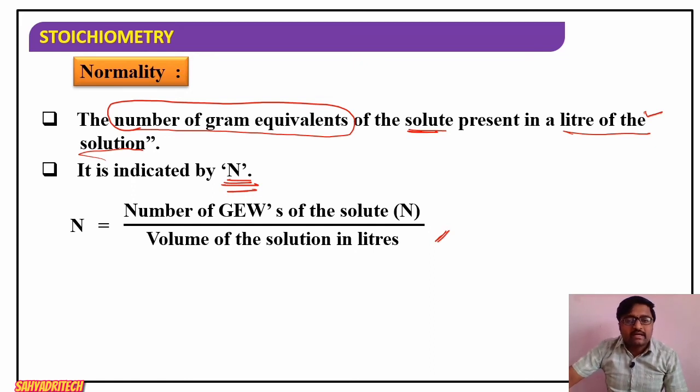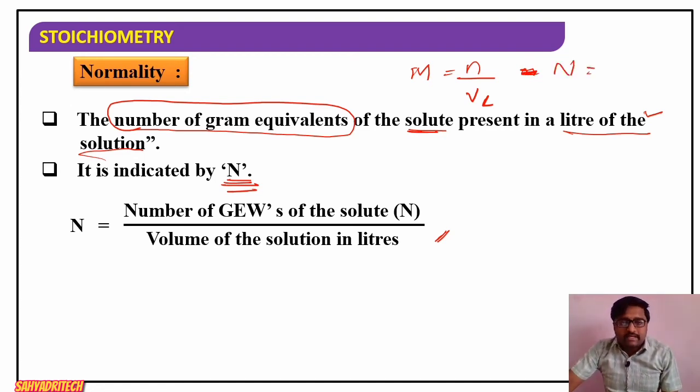Just like in the case of molarity, we said the number of moles of solute, small n, divided by V. Similarly, normality N is equal to the number of gram equivalents of solute divided by the volume of solution in liter.